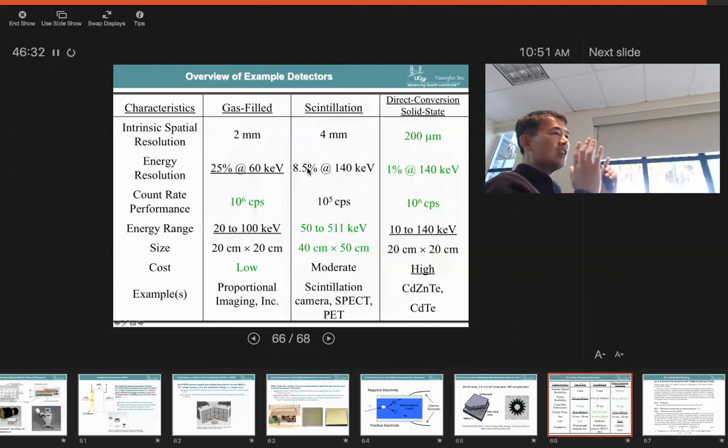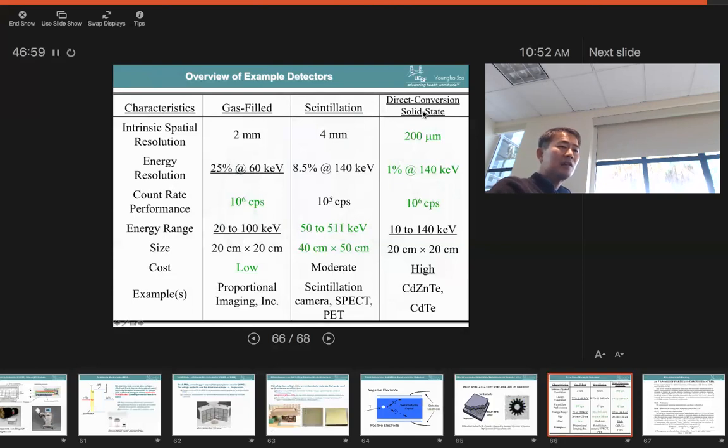How well we can define the energy is what we mean by energy resolution. The smaller the better, of course. That's how you can distinguish different signals. But with direct conversion solid-state devices like CZT or cadmium telluride, you can have 1%, 2% energy resolution very easily. You can go even below 1% energy resolution. You can make an energy spectrum really sharp.